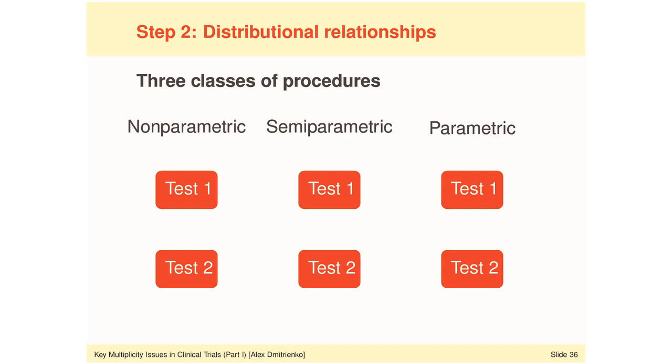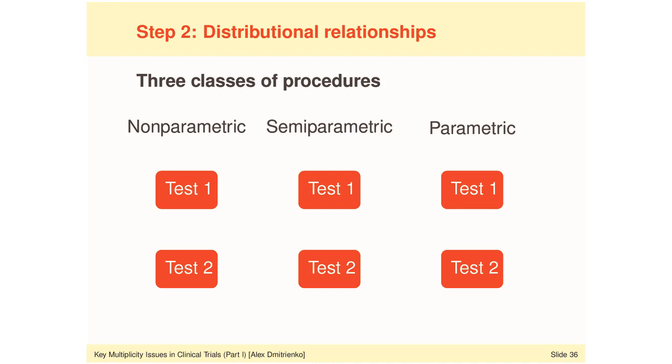And the last class of multiple testing procedures is shown in the middle. It is the class of semiparametric procedures. Unlike the parametric approach to constructing multiple testing procedures, the semiparametric approach does not assume that the joint distribution of test statistics is fully specified.